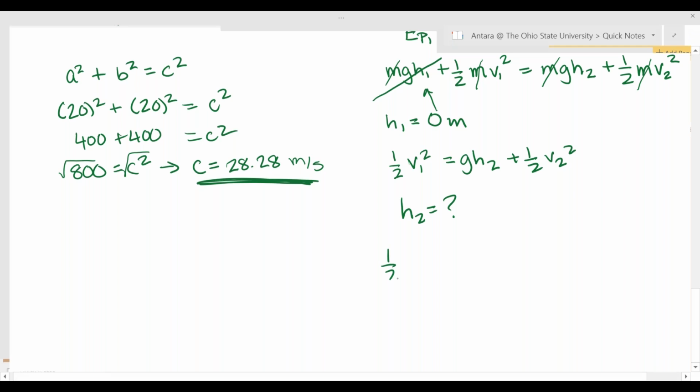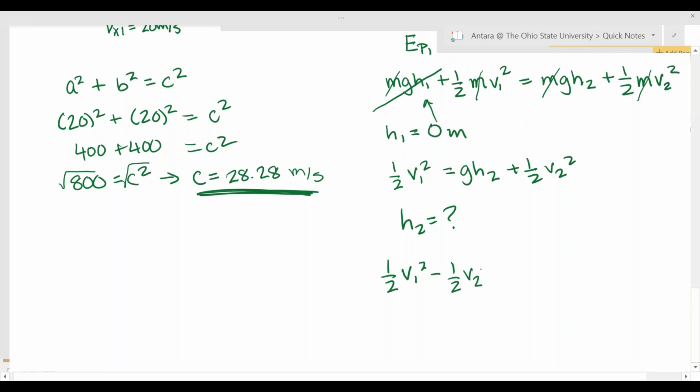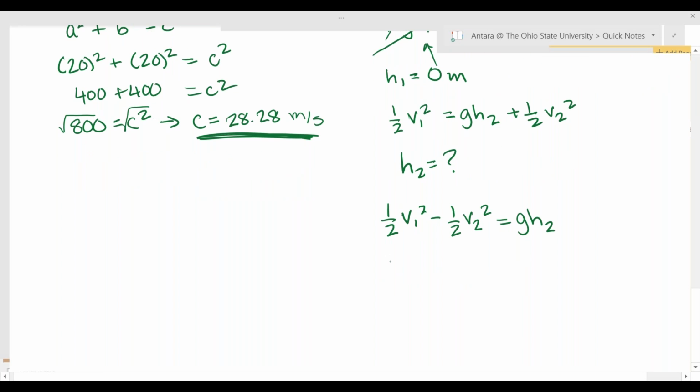So it becomes 1/2 v1 squared minus 1/2 v2 squared equals gh2. Now just to make it a little simpler, I'm going to pull out the 1/2 on the left side since it's in both terms. So 1/2 (v1 squared minus v2 squared) equals gh2.